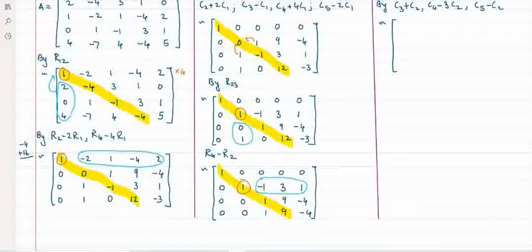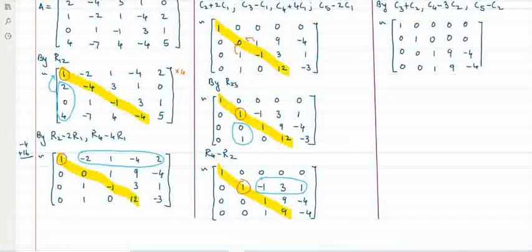Change for third, fourth and fifth columns. So first two columns no change: 1, 0, 0, 0. Second column 0, 1, 0, 0, then 0, 0, 1, 1. Correct? 0, 0, 9, 9. 0, 0, minus 4, minus 4.